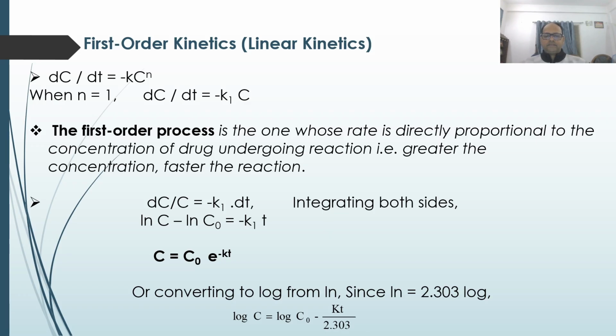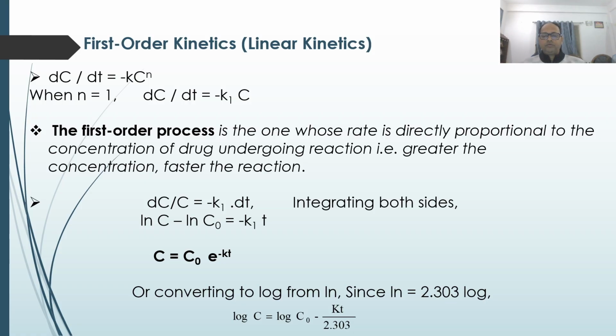Again, it is in the form of y is equal to m x plus c. In this equation, what is y? y is log C. What is x? x is time. When you plot a graph between y, that is log C, versus x, that is time, you will get a linear curve having a slope.